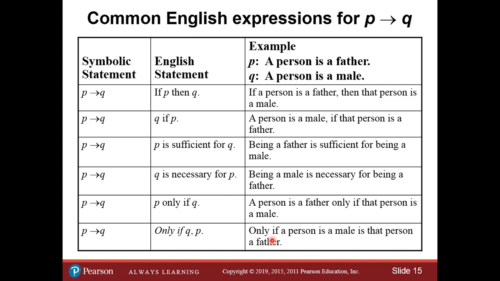So what we say, Q is the necessary condition. So Q is necessary for P, which means it is necessary to be male in order to even have the possibility of being a father, okay? Whereas it's sufficient to be a father for being a male. Okay, see the subtle difference there?